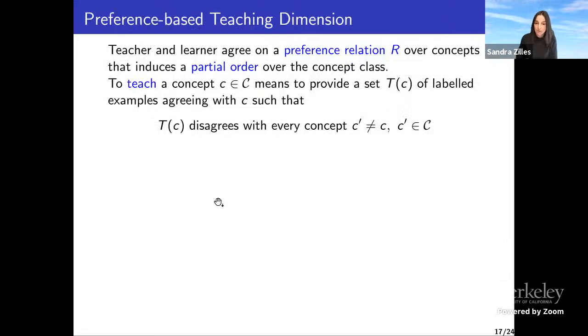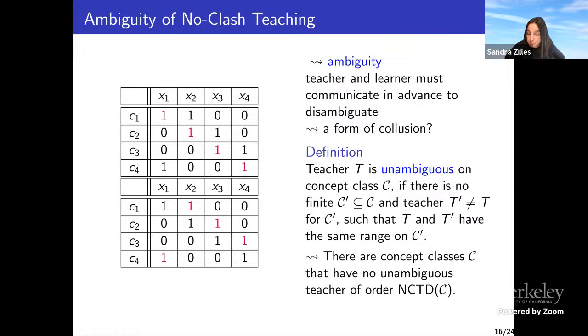So we therefore defined a different notion, a stricter notion of collusion-freeness, which we called unambiguity. A teacher is unambiguous on a concept class C if for every finite subclass and every teacher that is different from T on that finite subclass, the two of them cannot have the same range, okay?